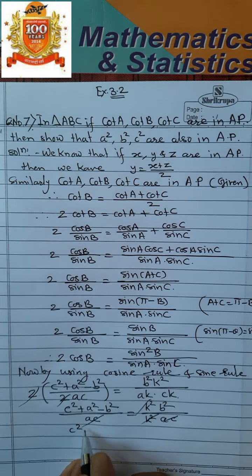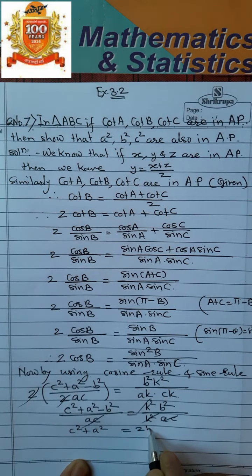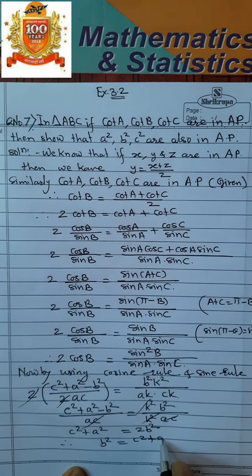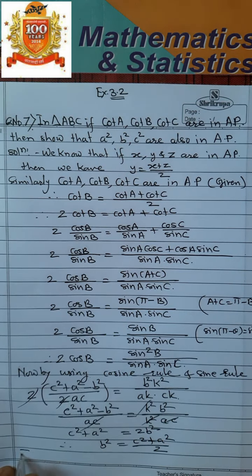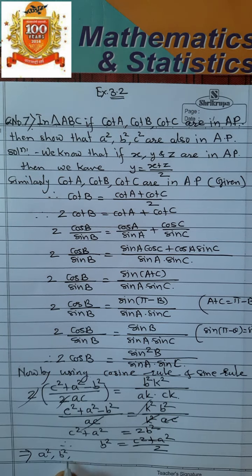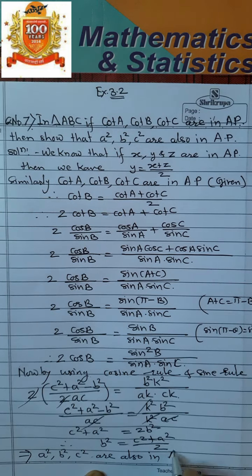Therefore c square plus a square is equal to 2b square. Therefore b square is equal to (c square plus a square) upon 2. This implies that a square, b square, c square are also in AP.